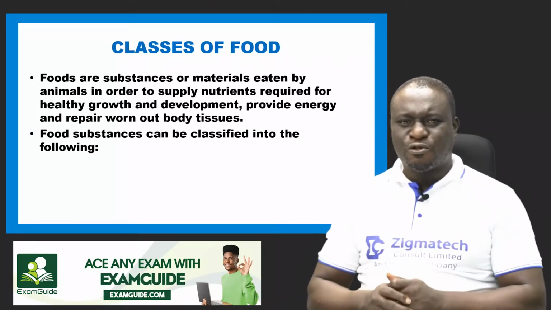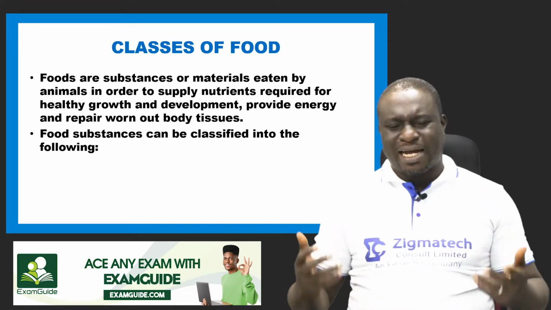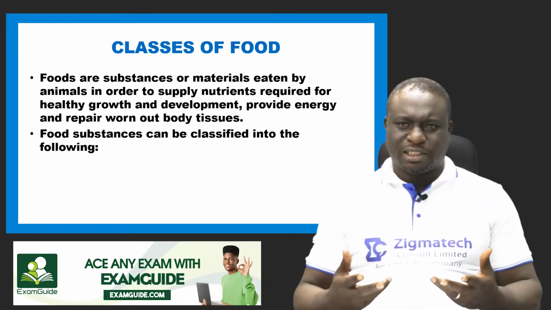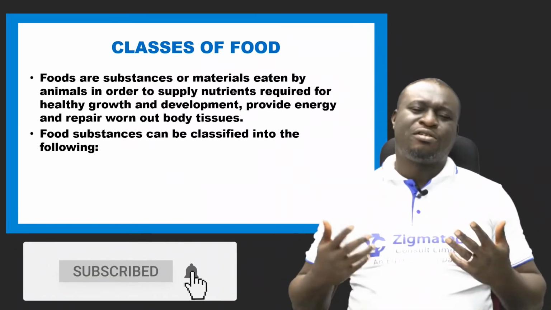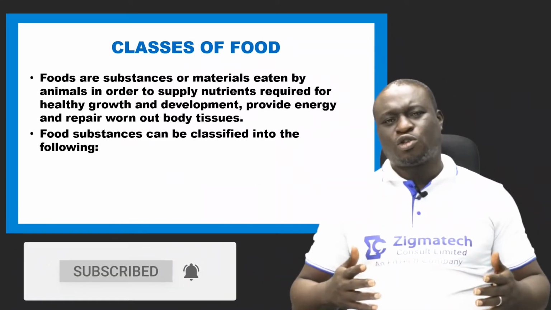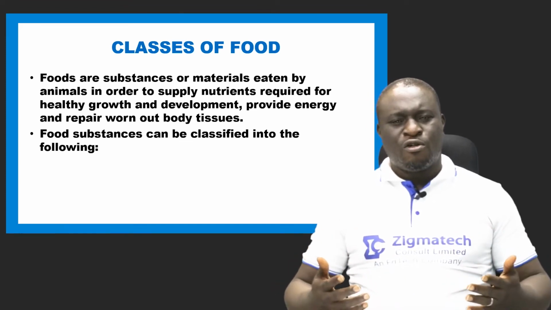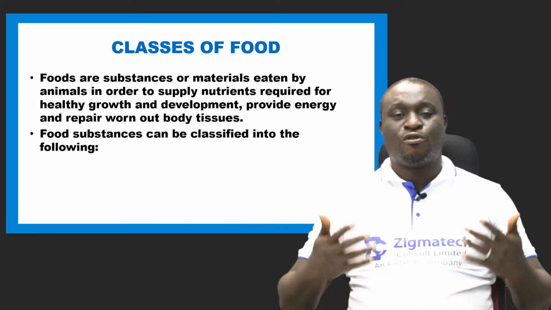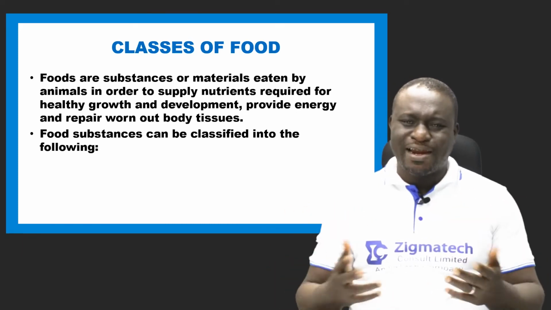I repeat, food are substances or materials which, when eaten by animals, supply nutrients. The purpose of these nutrients is healthy growth and development, to repair worn-out tissues of the body, for the production or synthesis of hormones and enzymes, and also for provision of what? Energy.